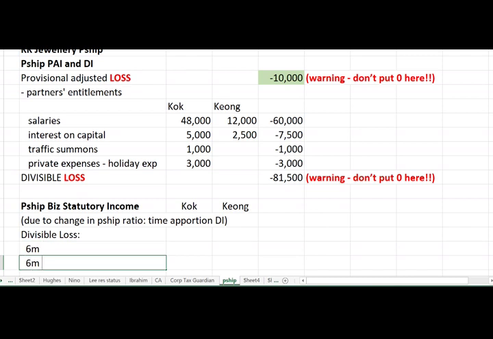Now the 6 month will be 81,005, 6 out of 12, and then you're going to use a ratio of half-half, because that was the original ratio.